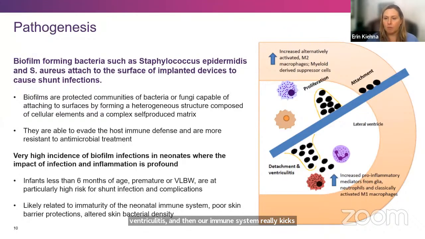That's the point where you start to see enhancement on MRIs or CTs and periventricular edema. There's a very high incidence of biofilm infections in neonates. And this is where the infection and inflammation caused by those organisms is probably going to lead to the worst developmental outcomes, once again probably linked to their immune system and their poor skin barrier.